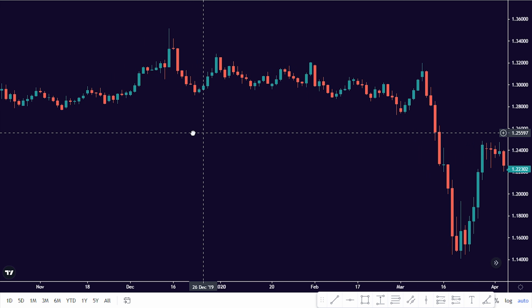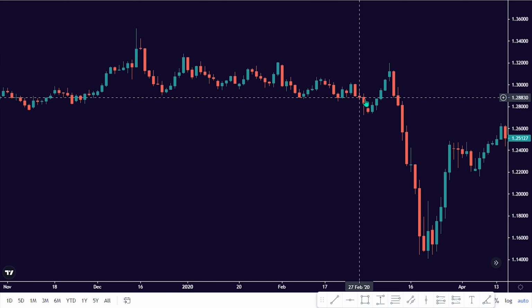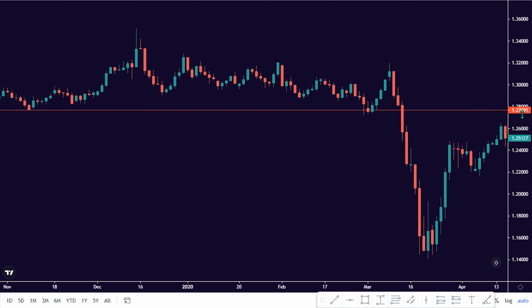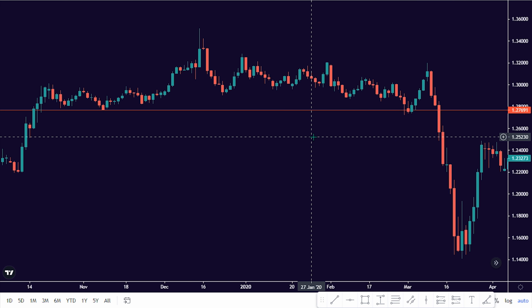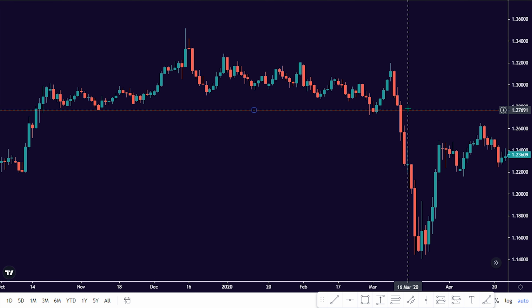Let's see an example in a bearish trend. Here's a ranging market. There was a support level at 1.27691 price level. Price broke the support level with a huge volume here.